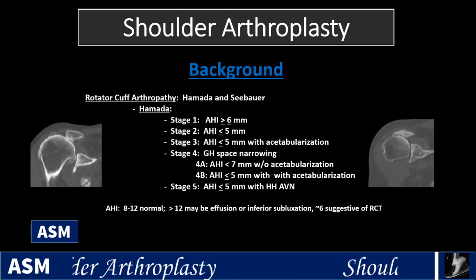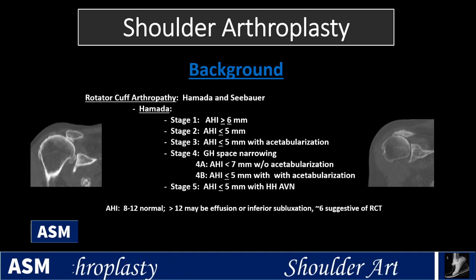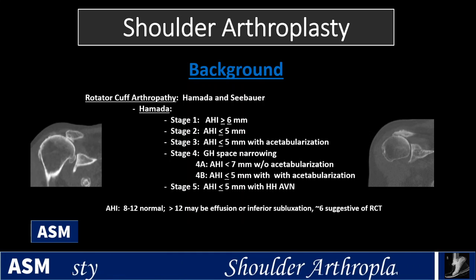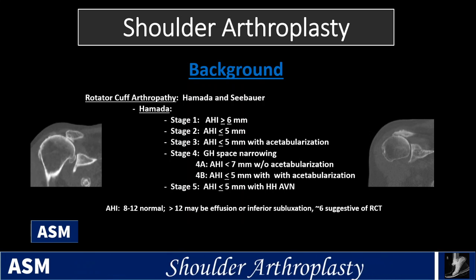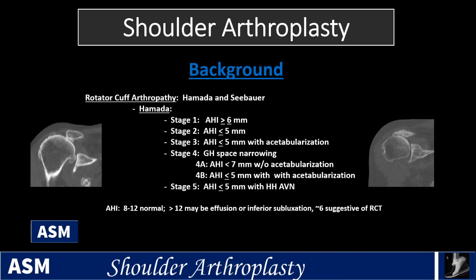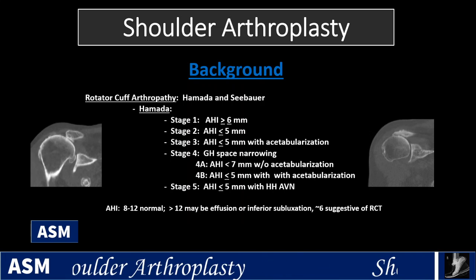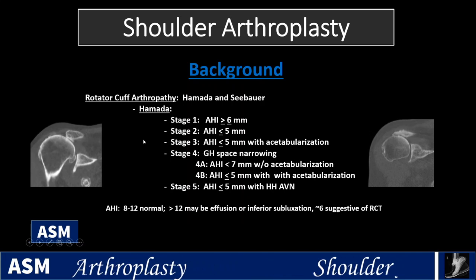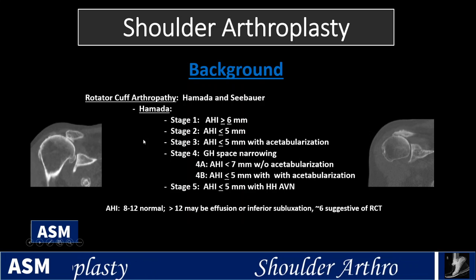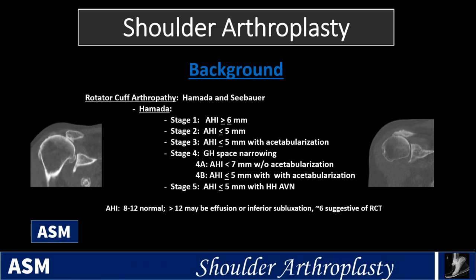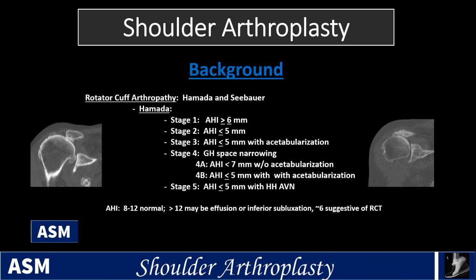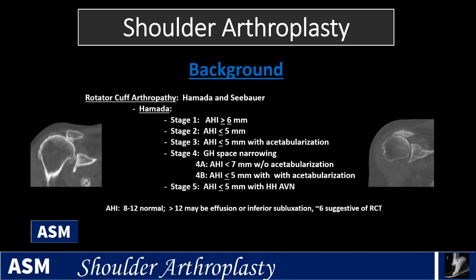So rotator cuff arthropathy was graded by Hamada and Seebauer in separate systems. The Seebauer one is a little more complicated, but Hamada is probably easier just to make measurements with. Stage 1, the acromial humeral interval is greater than or equal to 6 millimeters. Stage 2, equal to or less than 5 millimeters. Stage 3, equal to or less than 5 millimeters with acetabularization.